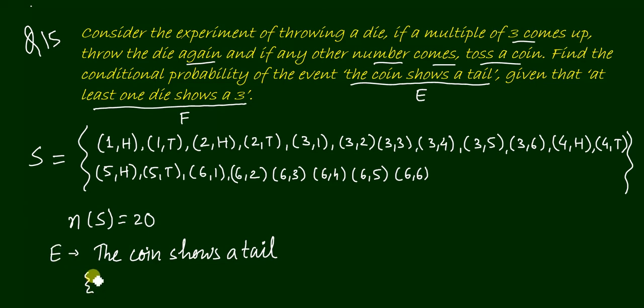See the sample points contained in this event, let's see which sample points will be in this event. The coin shows a tail: wherever the coin shows tail, those sample points will be in this event, okay. So starting from the beginning, this is 1T, then 2T, then 4T, then 5T. These are the elements of the event E. These elements will be contained in E. How many are there? 1, 2, 3, 4, 4 are there, okay.